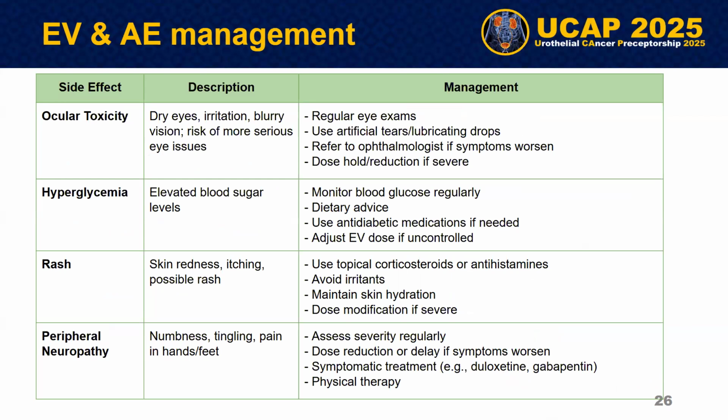Next one that I would like to discuss is the rash, which can be quite troublesome in the use of EV. And sometimes we will need to use topical corticosteroids, antihistamines, sunscreens, and avoid irritants and moisturize the skin. But if severe, as with other adverse events, you may need to stop or do dose modification if indicated.